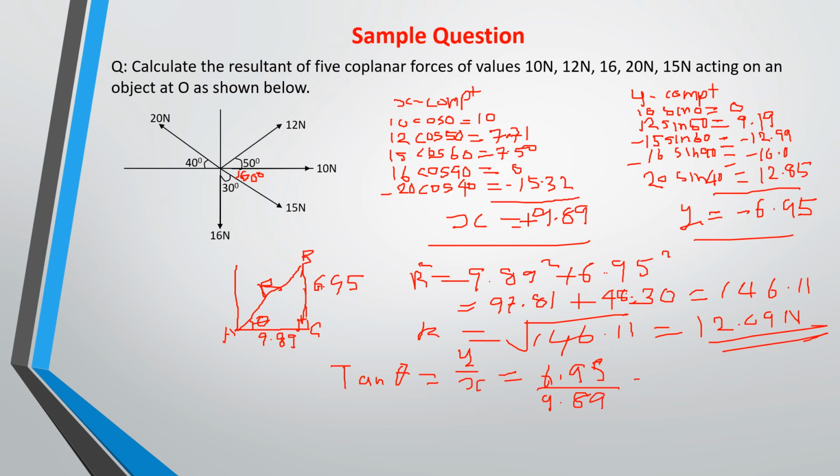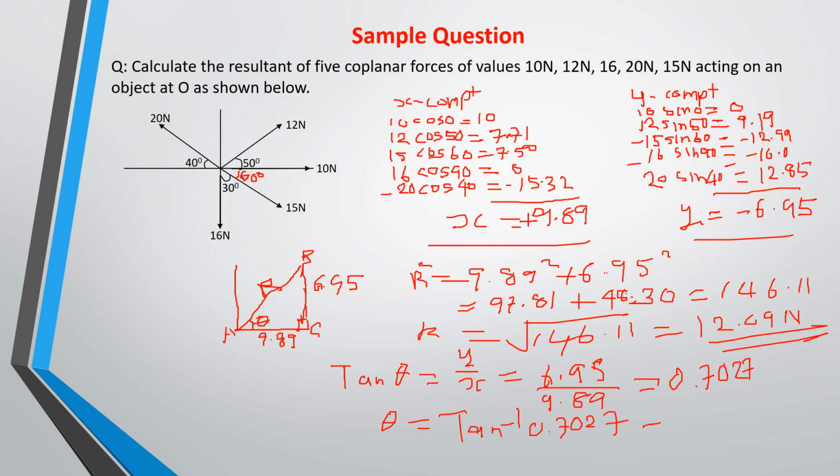When you do that division, you have 0.7027. So your theta is the inverse of tan 0.7027.